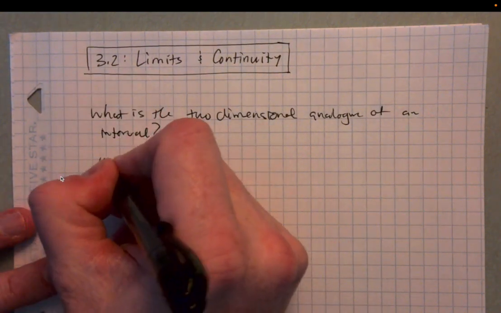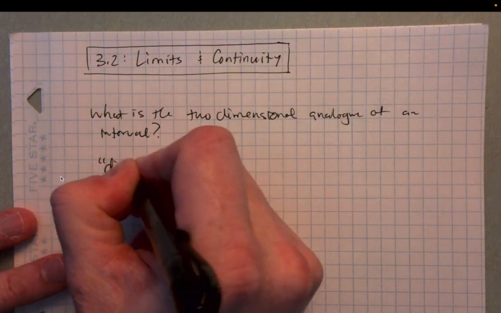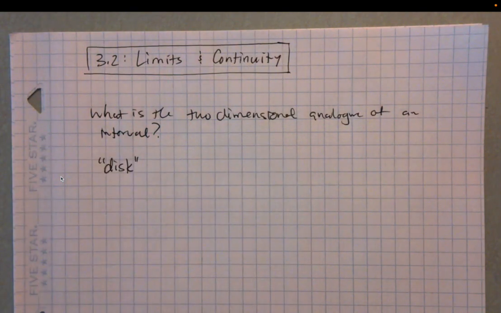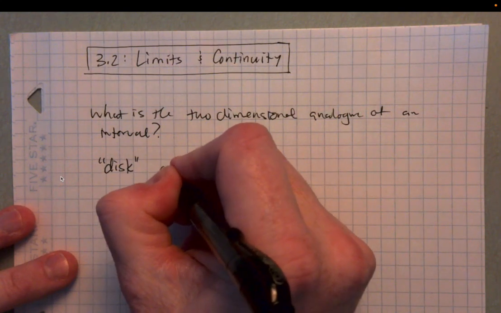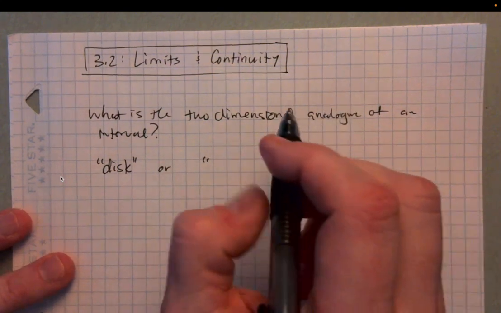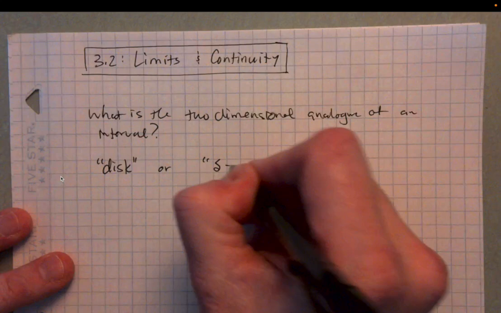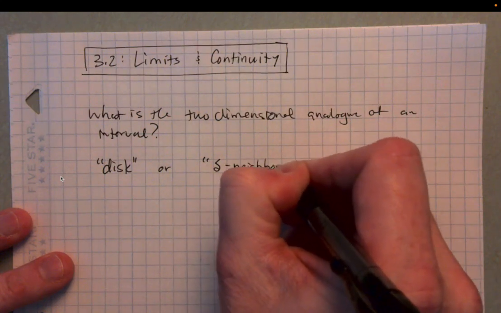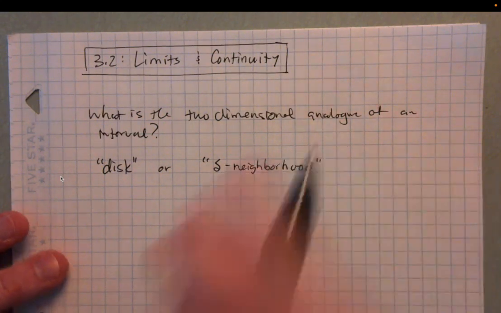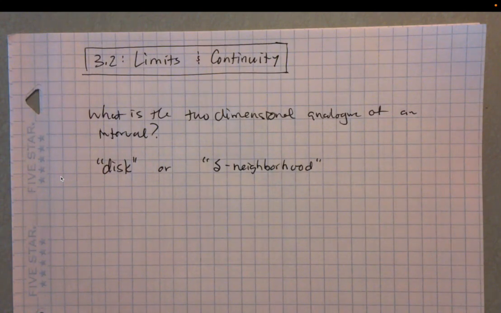One of the names that is used is a disk. We also have this idea of a delta neighborhood, or just a neighborhood. These are similar concepts, probably identical concepts in the main, but they play the part in two-dimensional calculus that the interval plays in single-dimensional calculus.